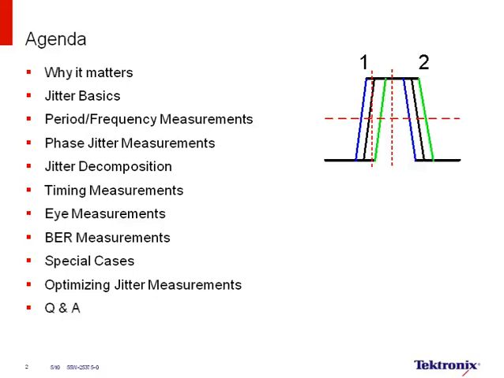Next, we'll talk about a group of measurements called phase jitter measurements. Another category that we'll discuss is something that most of you are familiar with, called jitter decomposition. Next, we'll talk about what's commonly referred to as timing jitter measurements.